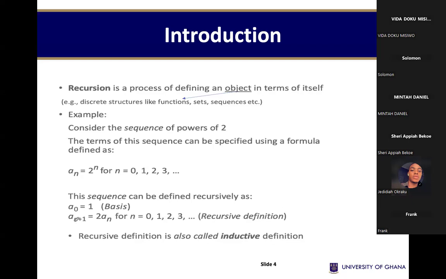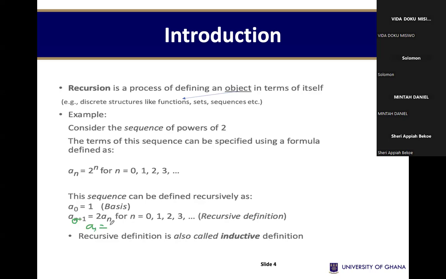That's why we have A of subscript n plus 1 equal to 2 times A of n. If my n is 0, pay attention here, 0 plus 1 gives me A of 1, which equals 2 times A0, because I'm using n equal to 0.